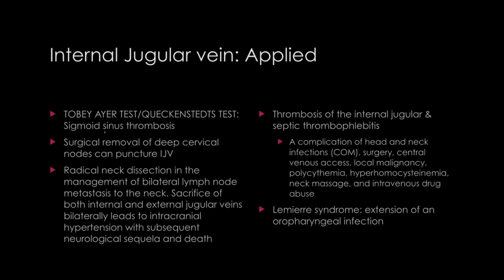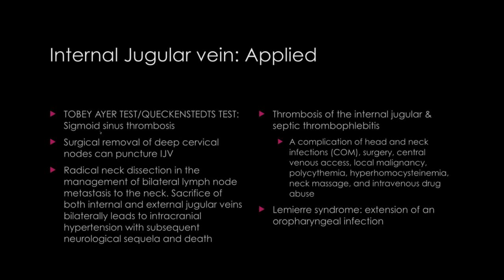Whereas in case of sigmoid sinus thrombosis, as you know, the internal jugular vein and sigmoid sinus are in continuation. If there is thrombosis of the sigmoid sinus, then blocking the internal jugular vein at a lower level will not cause any increase in intracranial pressure, which is measured through a lumbar puncture through which a manometer is connected.